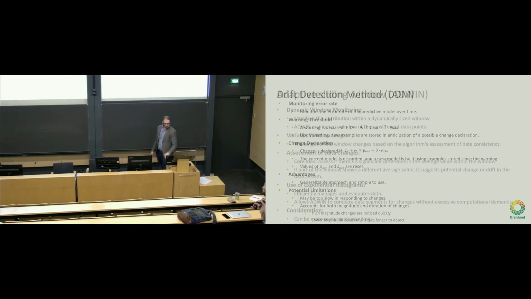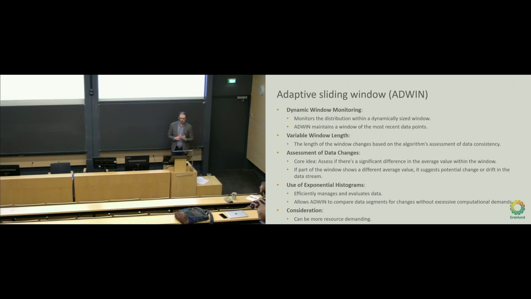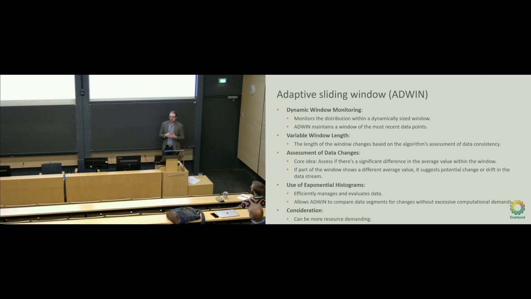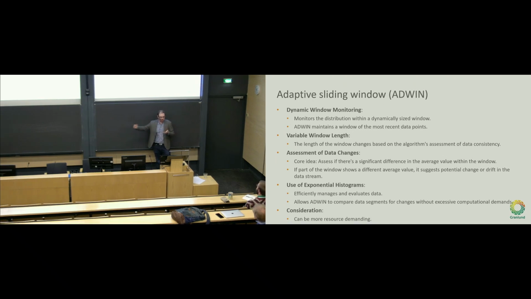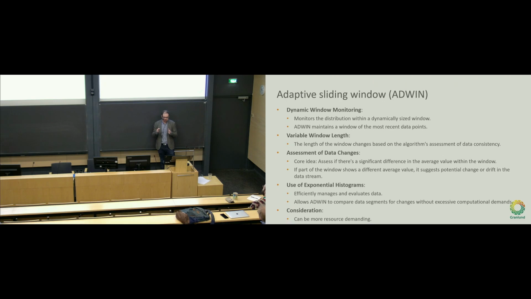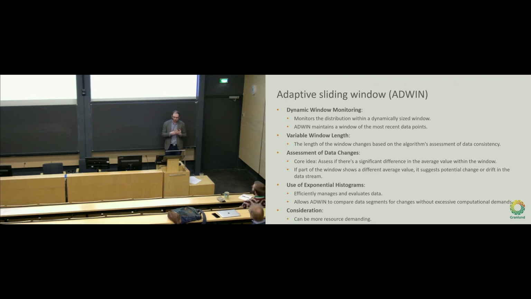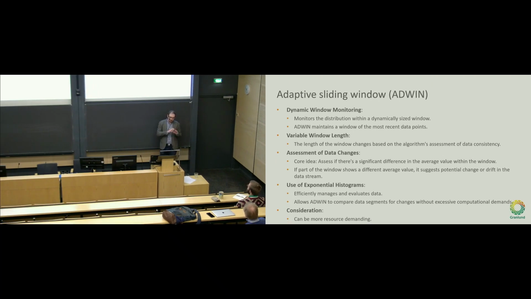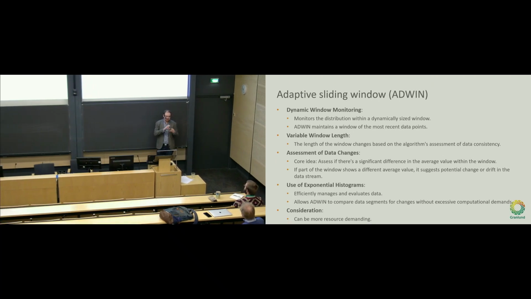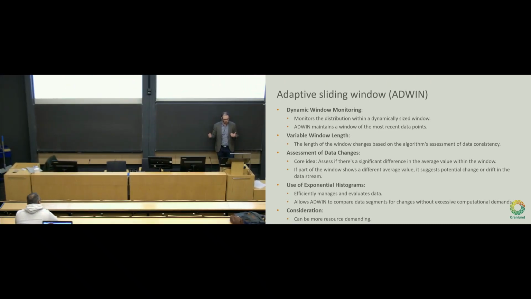Then the next one is the adaptive sliding window. That one has dynamically sized windows, of different sizes, and it always has the most recent data points in them. It checks the average value within the window, and if that average value changes a lot, it suggests a potential change or drift in that data stream.